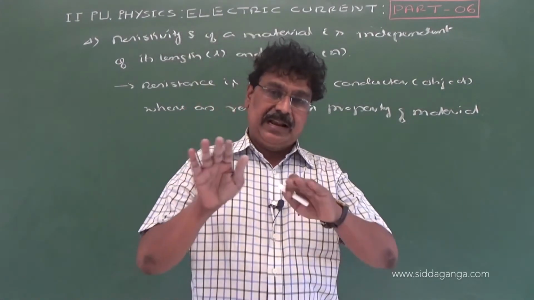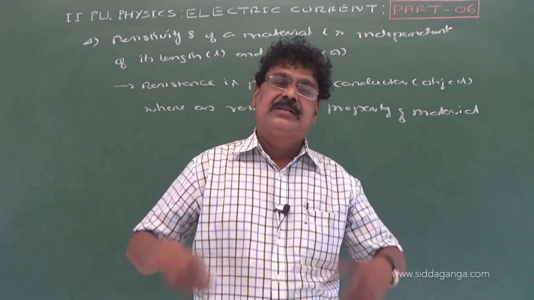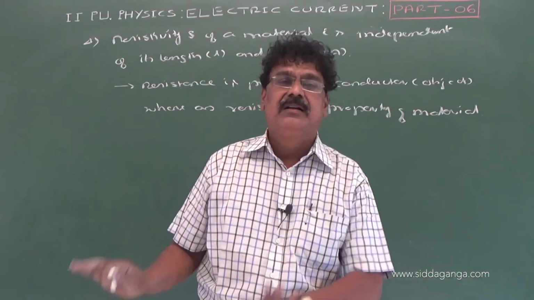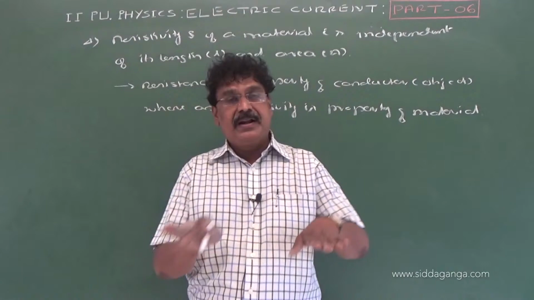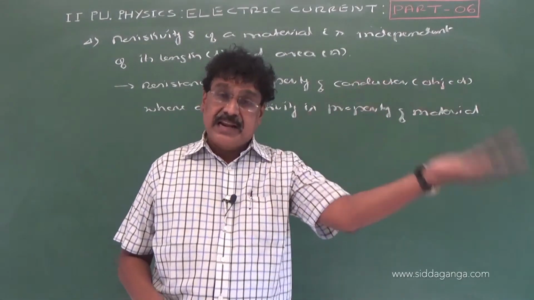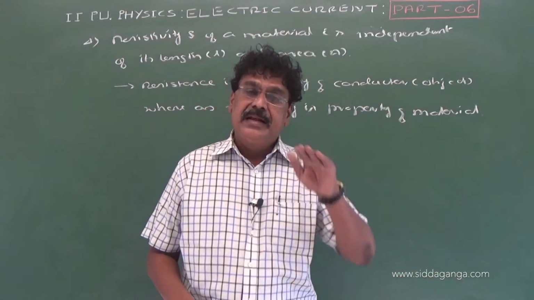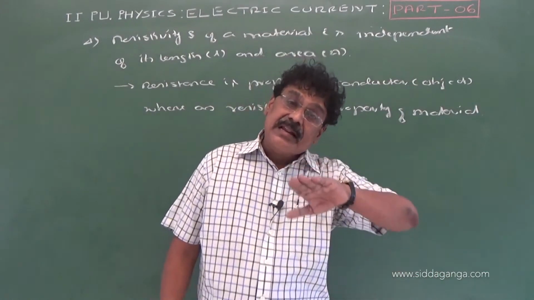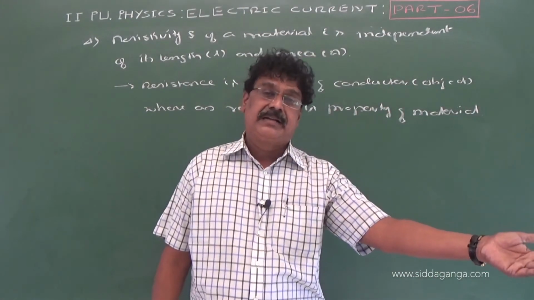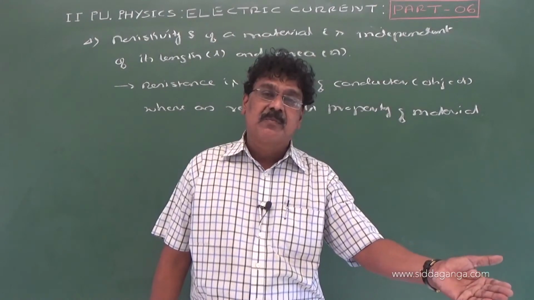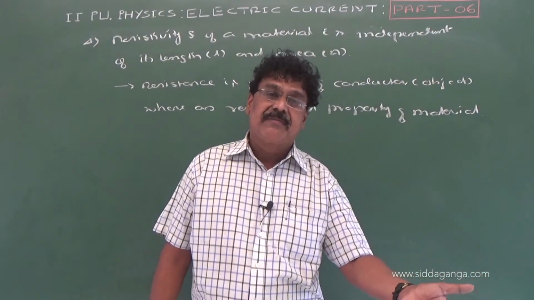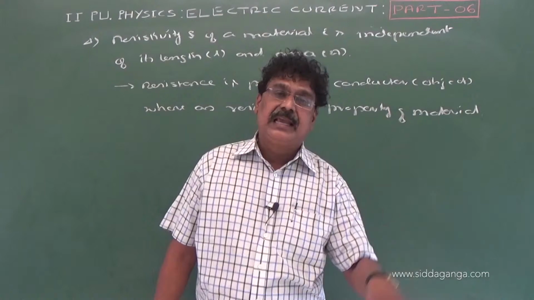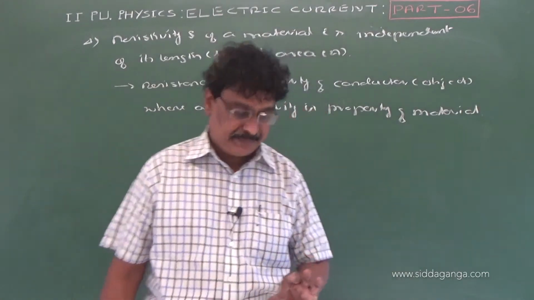The shirt is the same, cotton shirt or terracotta shirt, but depending upon the material, its rate depends. Similarly, depending upon the material, resistivity depends, but resistance depends upon the length and area of cross section of the conductor.